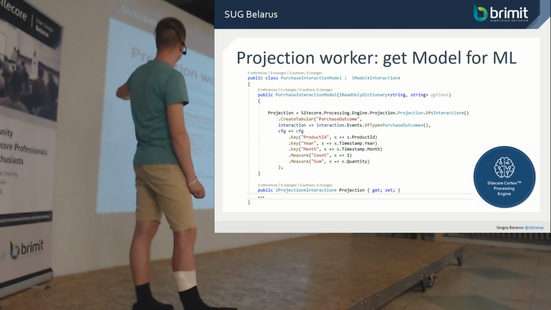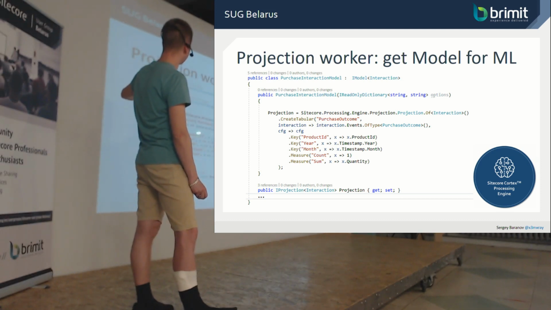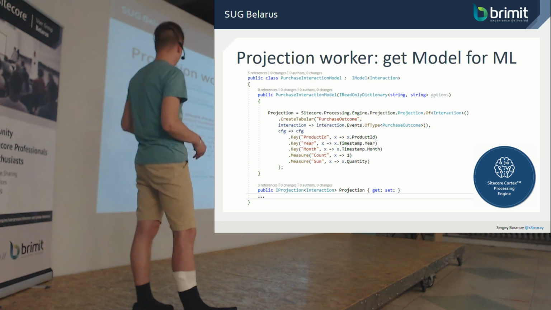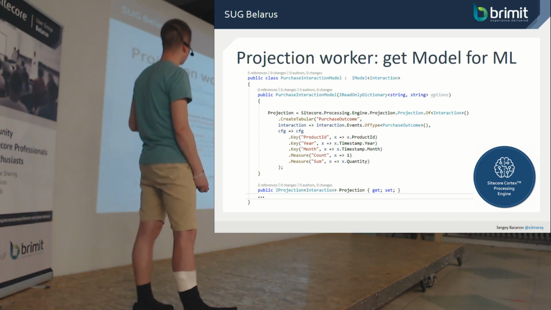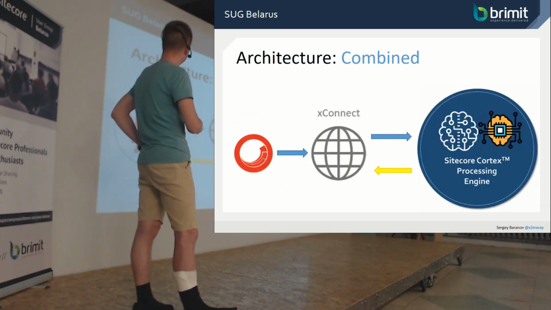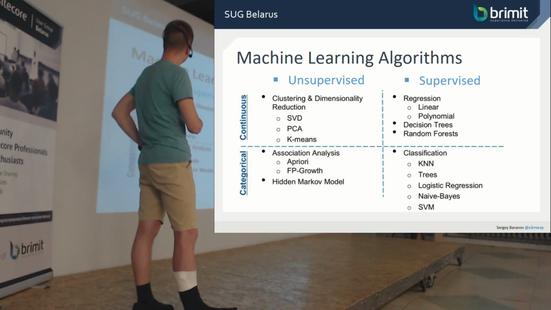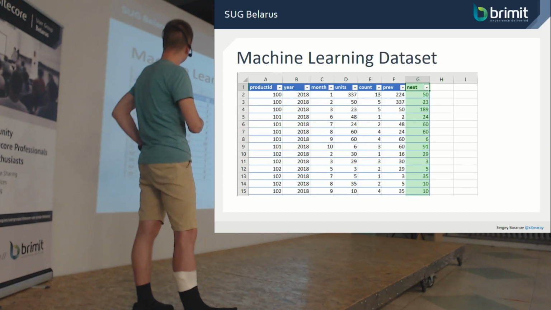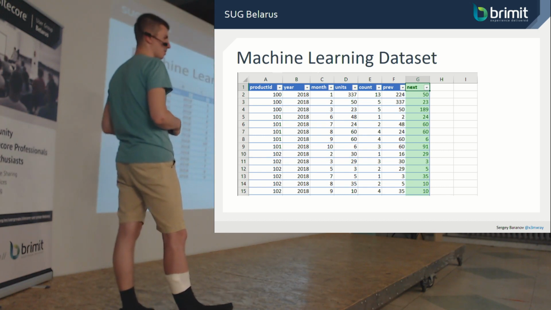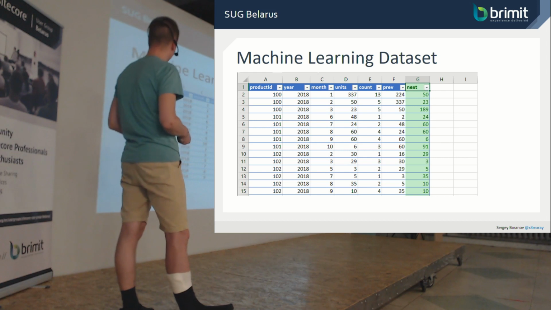How does it look? We need to know the product ID, grouping by product ID, grouping by year, grouping by month, and calculate the total sum and count of orders in amount. It's how it will look after this code runs.